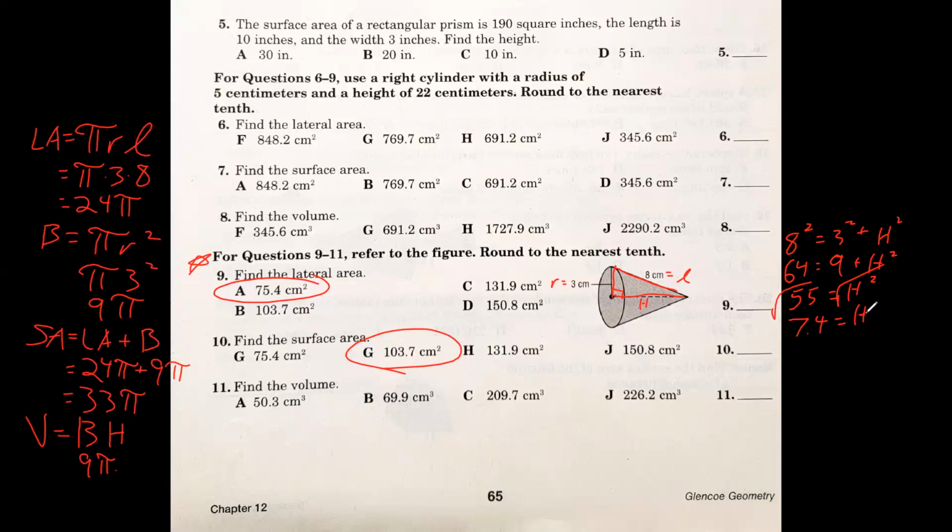So now we can plug that in. So 9 pi times 7.4, which is, let's see, that's 66.6 over 3, 22.2. Is that right? Oh, I forgot to add 3 back. 3 plus 3 is that.